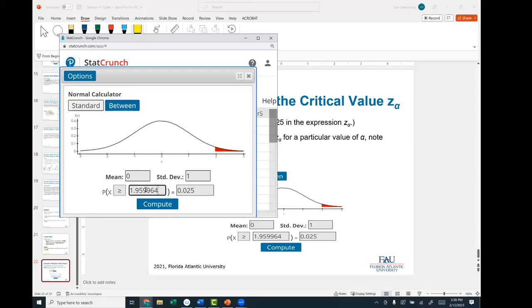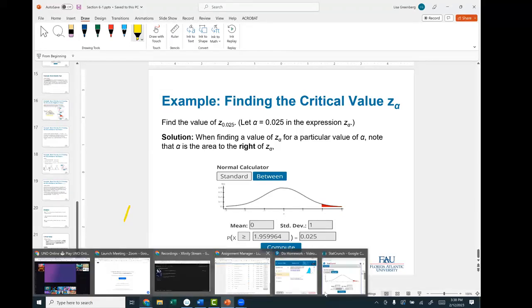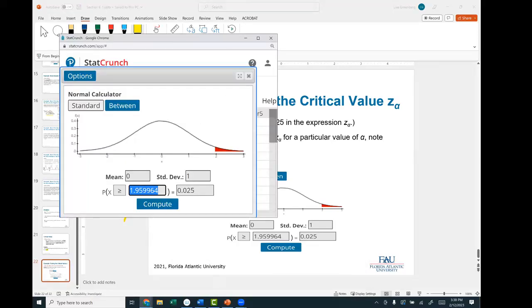My z-score is always in this box. Oh, sorry about that. So my z-score is always going to be in this box.